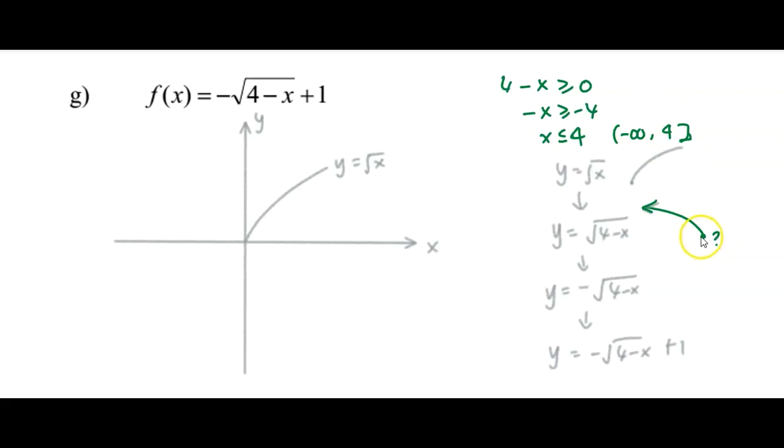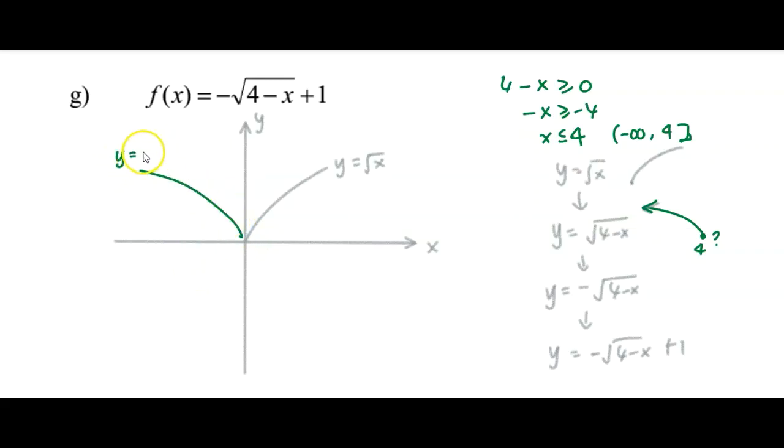This point can actually be found by using the domain. The domain shows us that x must be less than or equal to 4, right? So we know that this is equal to 4, meaning that the graph will be reflected about the y-axis.